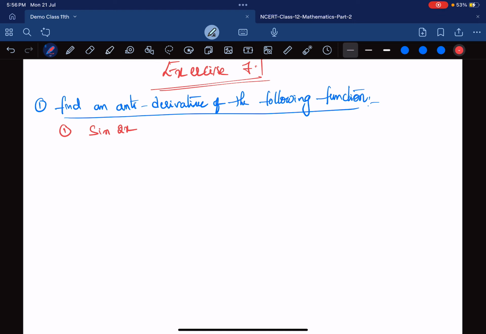So cos x is the antiderivative of sin x. Now, what is there here?